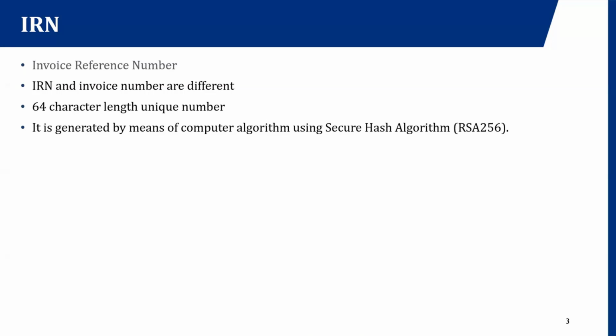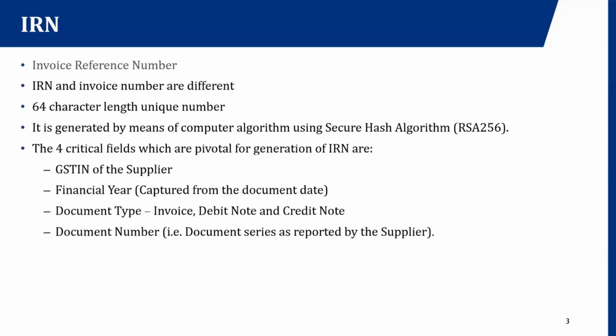The next thing is the 64 character length. It is a unique number, 64 characters in length, and it is generated by means of a computer algorithm using the secured hash algorithm. Basically, it is generated from the GST number of the supplier, the financial year, which is taken based on the document date, the document type, that is an invoice, debit note or credit note, and the invoice number, that is the document series number issued by the supplier.